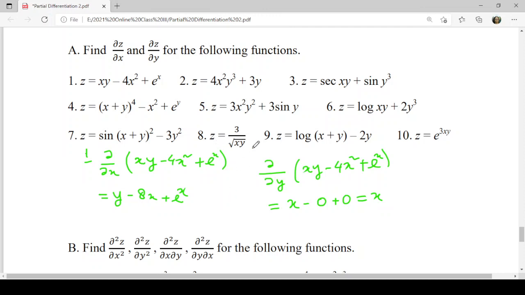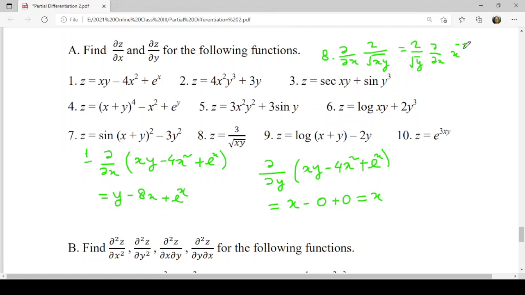Or number 8 you can find. Number 8, how will you do it? So del/del x of 3 by root over xy. You may write 2 by root over y, you can take it out. Then del/del y of del/del x of x to the power minus half, you can say.